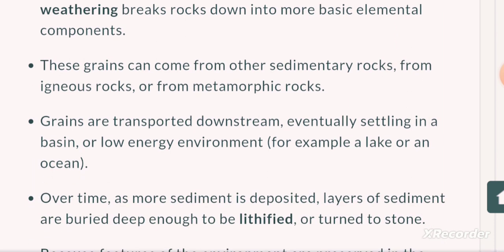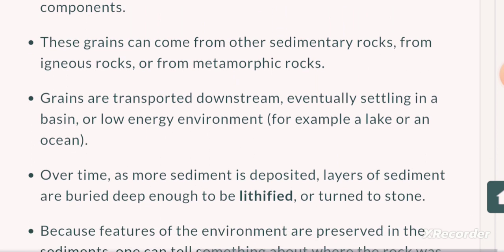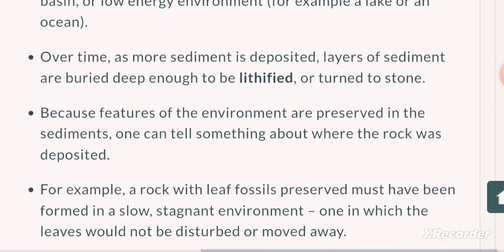These grains can come from other sedimentary rocks, from igneous rocks or from metamorphic rocks. The grains are transported downstream, eventually settling in a basin or a low energy environment, for example a lake or an ocean. Over time, as more sediment is deposited, the layers of sediment are buried deep enough to be lithified or turned to stone.